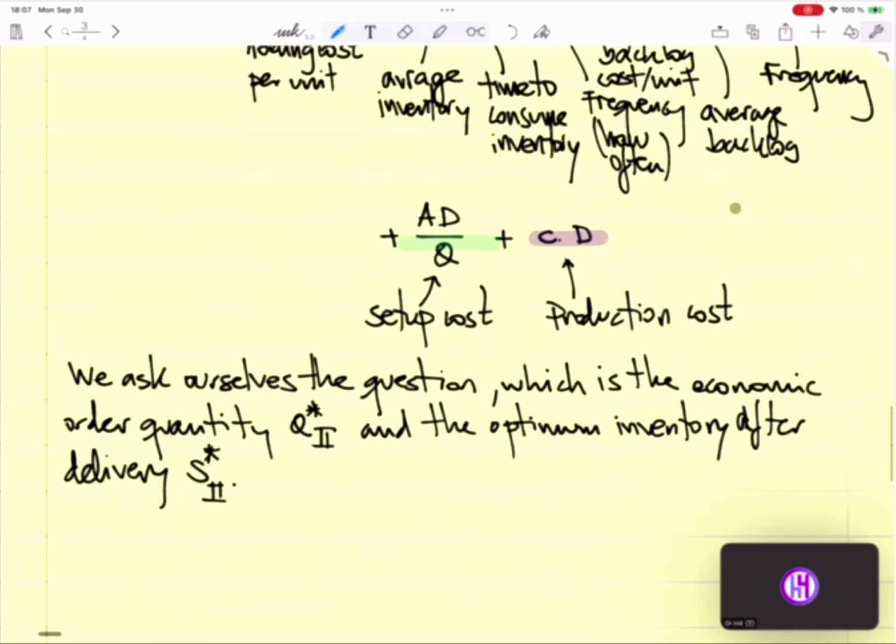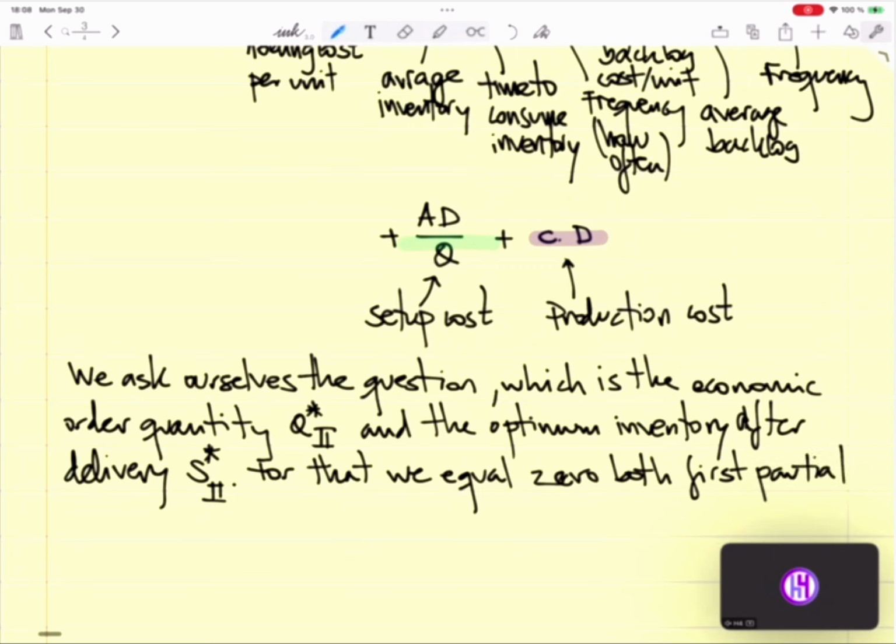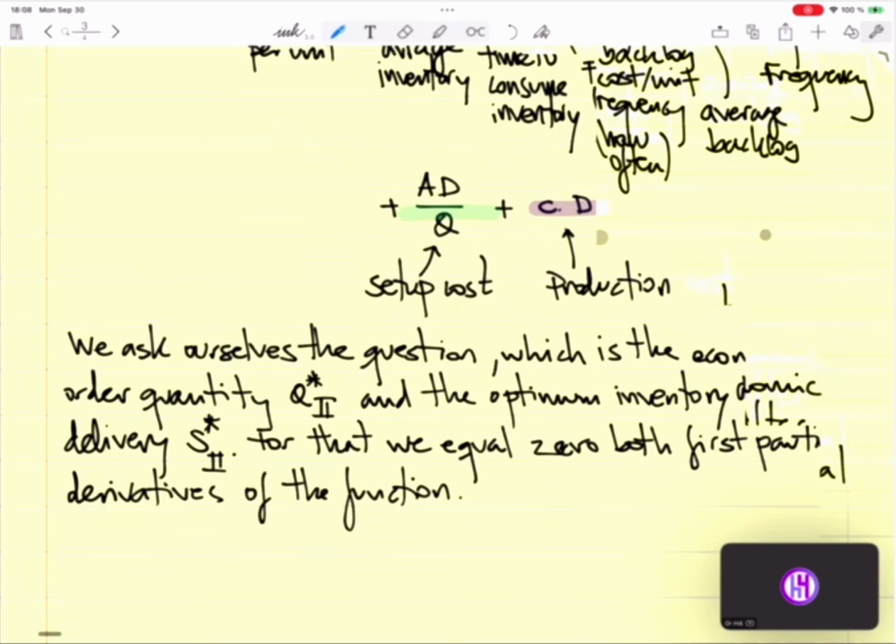For that we set equal to 0 both first partial derivatives of the function, because the function has two variables.